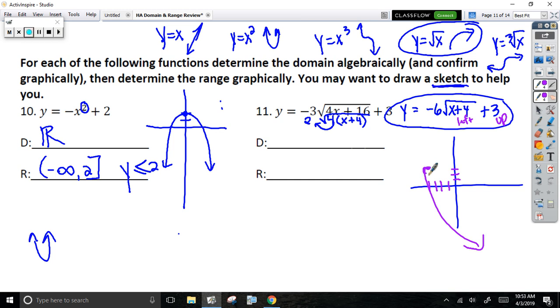Who thinks they can give me the domain? Left to right. Who haven't I heard from? Madison. So the smallest it gets on the x-axis, and what's the biggest?